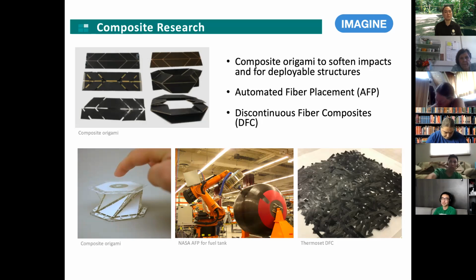Because composite origami is not made out of one material, and the joints have a flex to them, it can act like a spring and dissipate a lot more energy when landing.